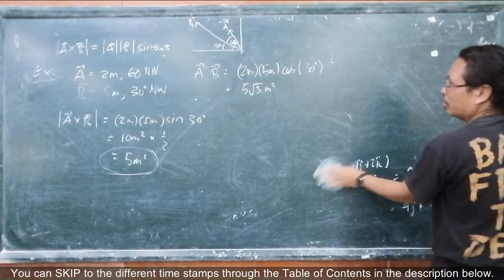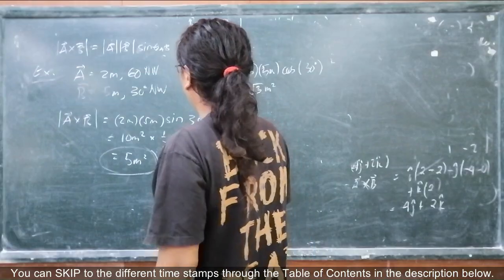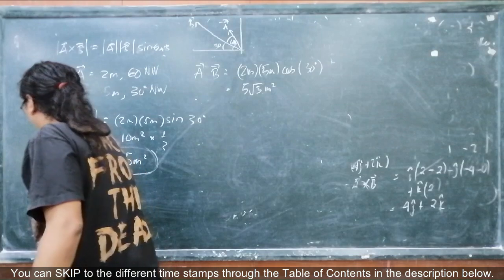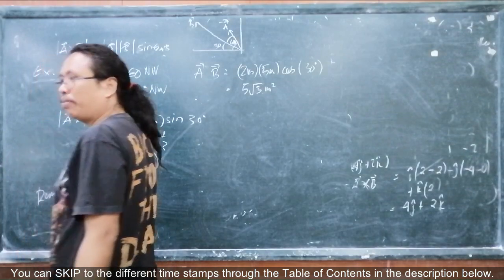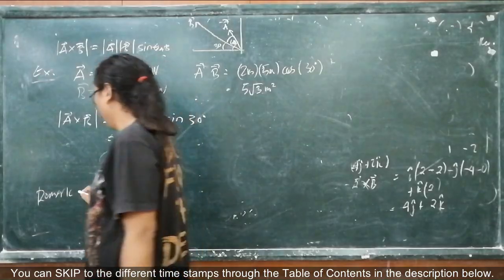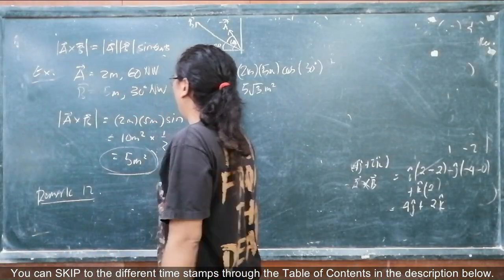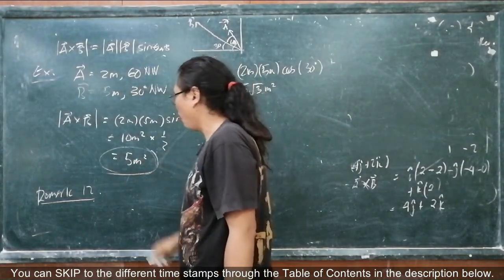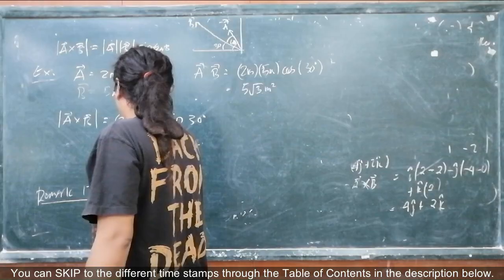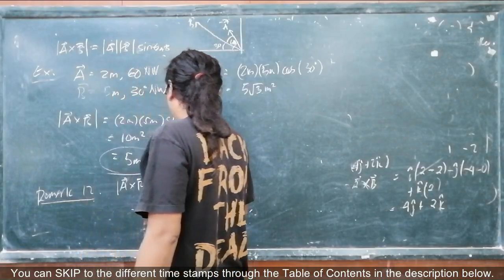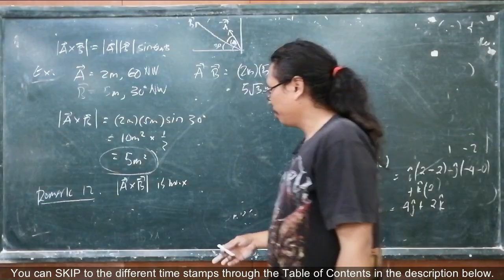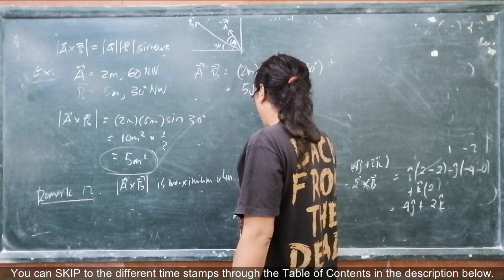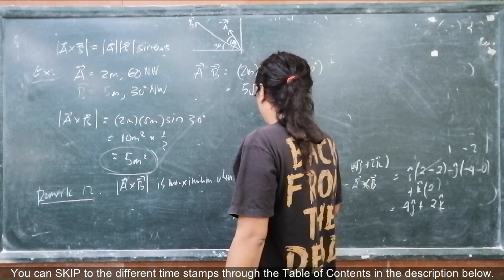Okay, another remark. Look at this: the maximum and the minimum. This is remark 12. Using this definition, the magnitude of the cross product is maximum when sine is 1, that is, when theta AB equals 90 degrees or pi over 2.